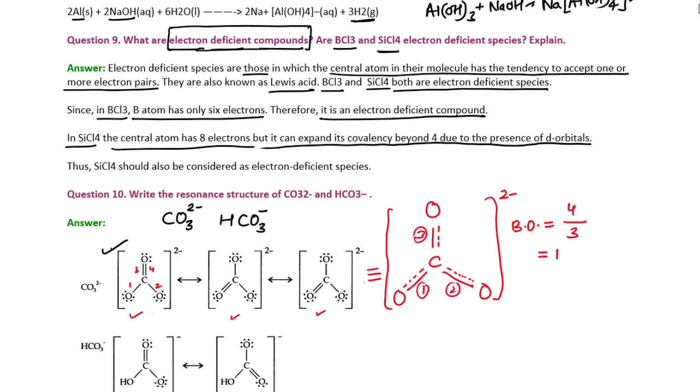That is 4 by 3, means 1.33. So bond order of C-O is 1.33, which is more than single and less than double. Got it, beta? So resonance averages the bond order as well as bond length. So bond order is calculated by using this formula: total number of bonds between two atoms divided by total number of positions.